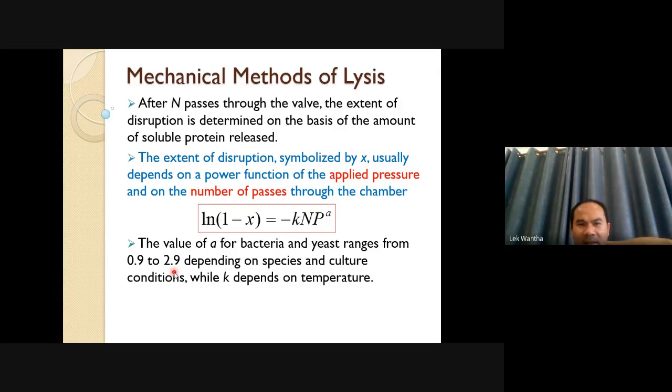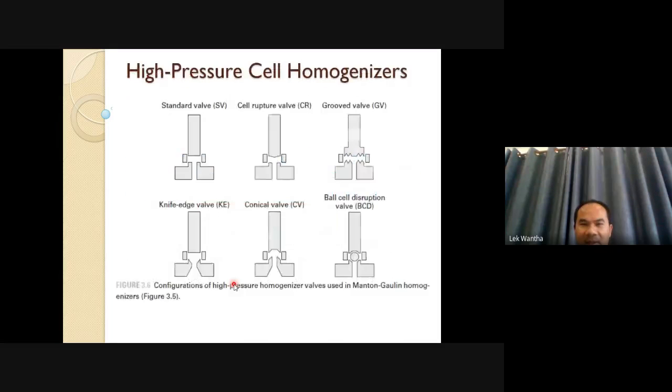And for this mechanical disruptor, the efficiency depends on N pass, which is the number of cycles. When you pass the valve, maybe on the first pass not all of the cells are released or broken. You have to add one more pass.